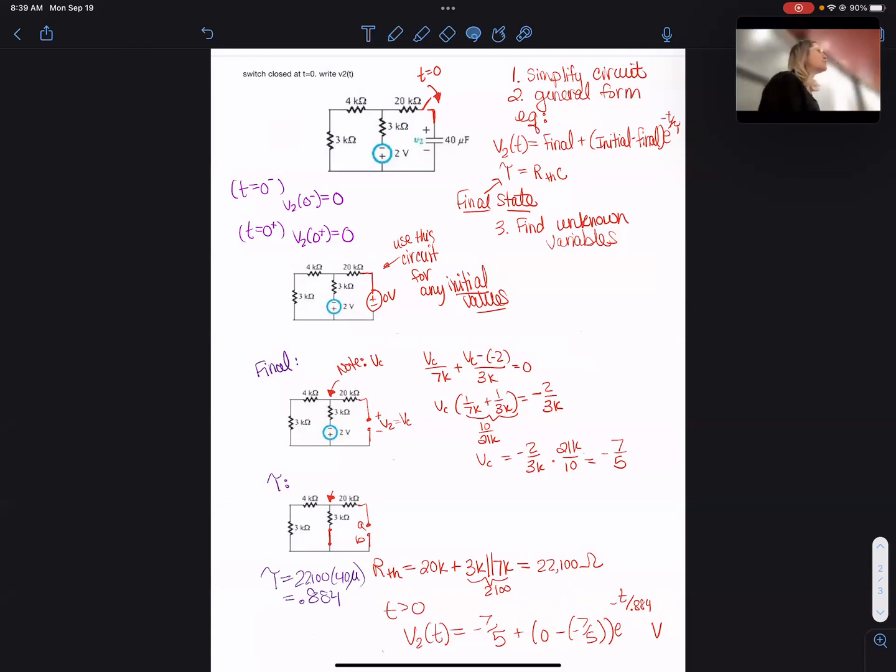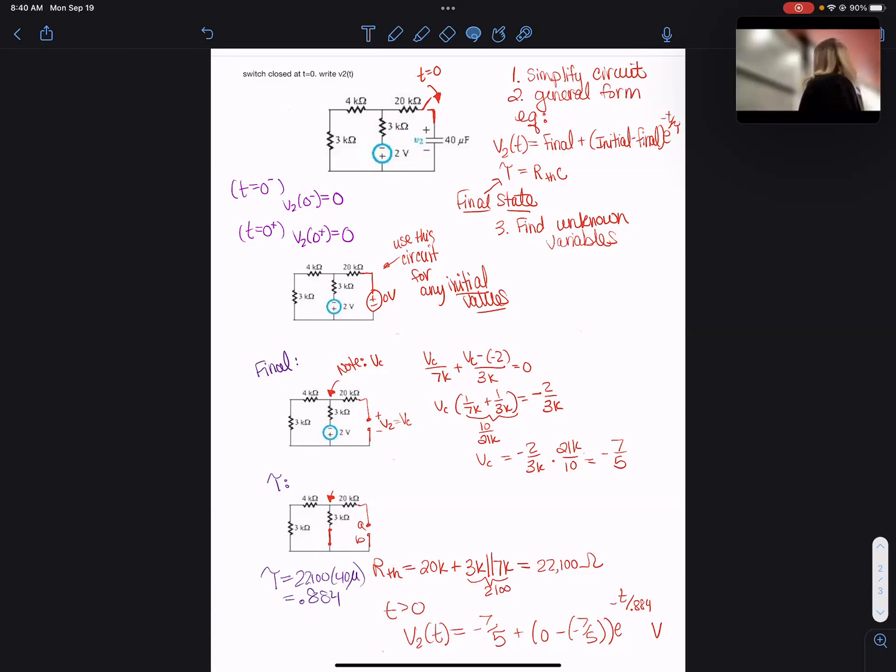All right, so please look at your solution and the solution up here and see if you were able to get the same values. So initial value should be 0 because the circuit is open and there's no connection to the capacitor, and that acts as an open.